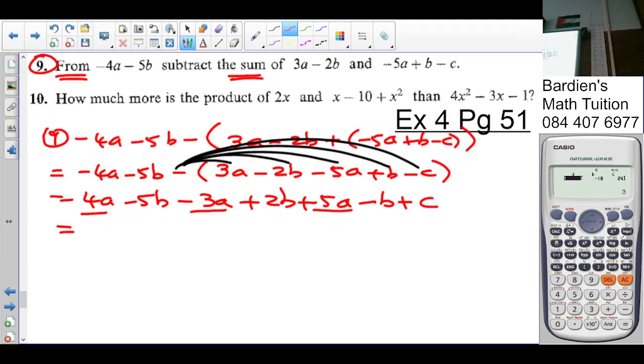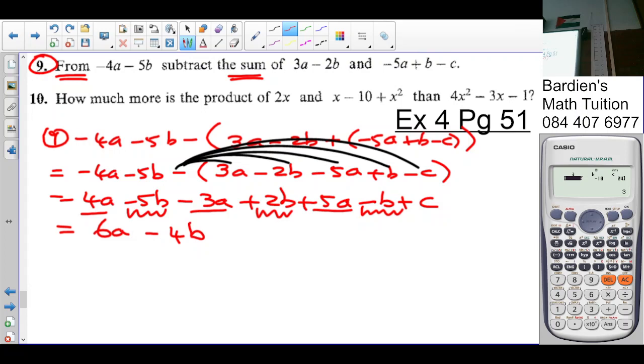So what we have now, 4a minus 3a plus 5a. What is 4a minus 3a? 1a plus 5a, 6a. Minus 5b plus 2b. Negative. You are not using a number line. It's negative 3b minus b, negative 4b.